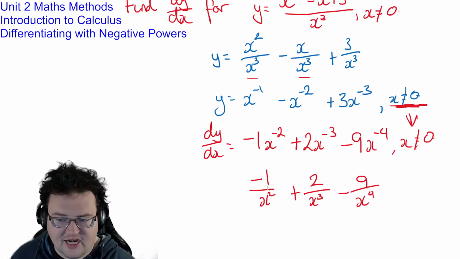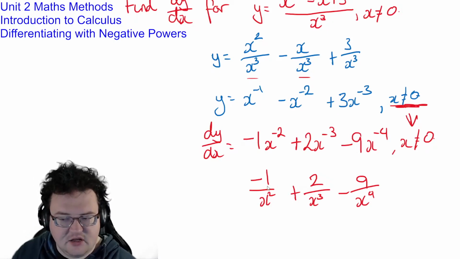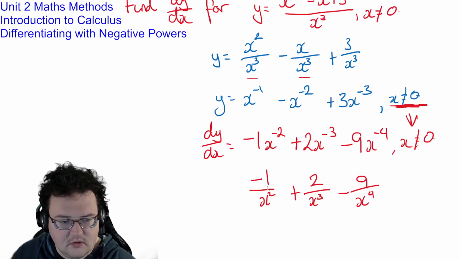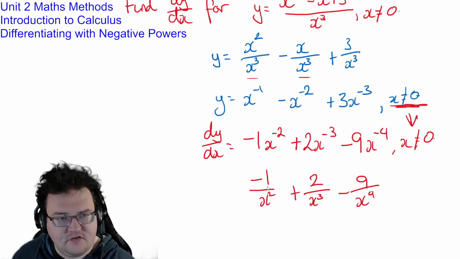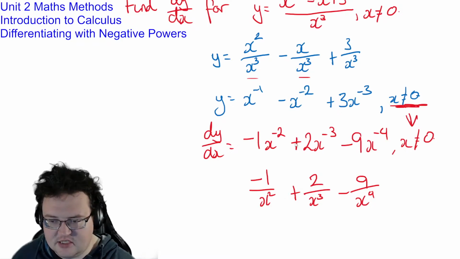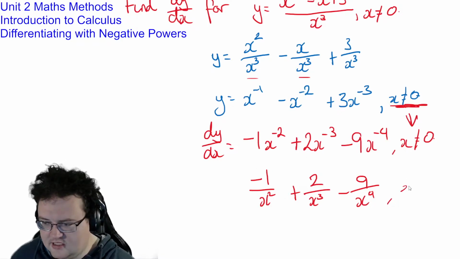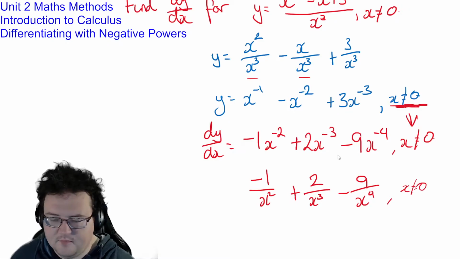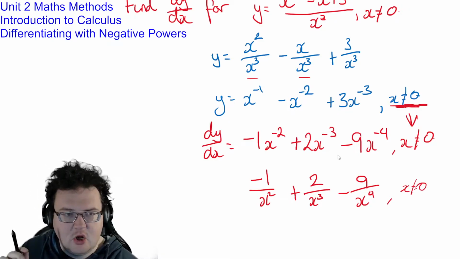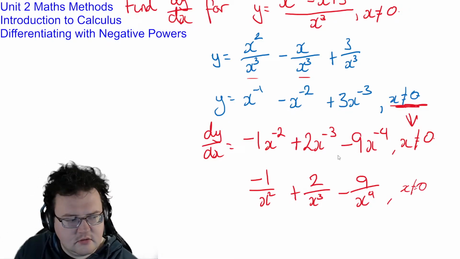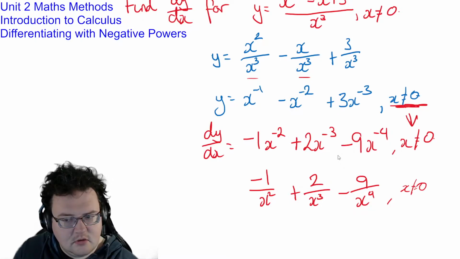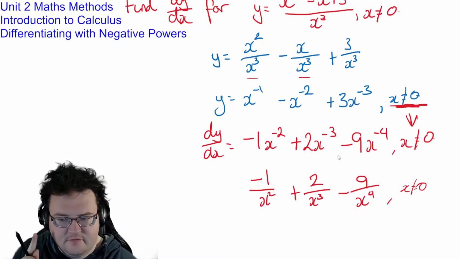But if you wanted to write it as a singular fraction, what would I have to do? How could I express, again, x can't be 0, how would I express all of that as one fraction?